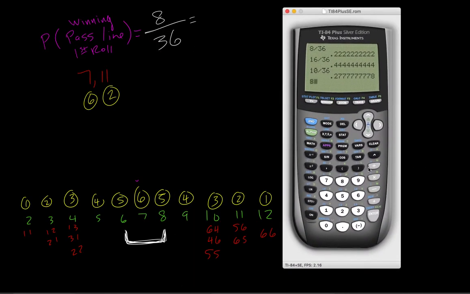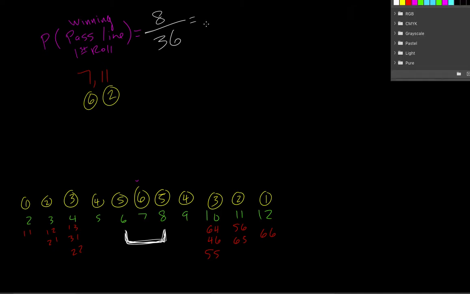I think most people understand percentages a little bit better. And so I got 0.22, and that translates into about 22%. So you have a 22% chance of winning if you bet on the pass line on the first roll.